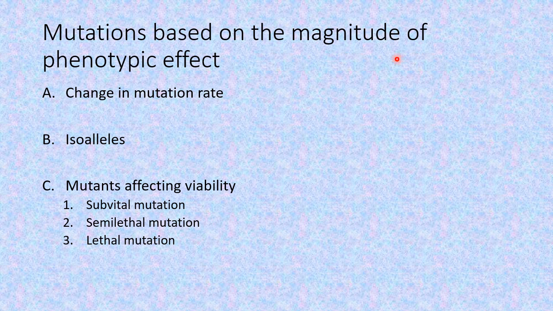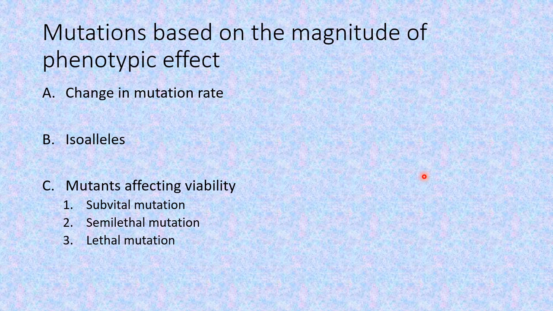Now, based on the magnitude of the phenotypic effect that is produced by a certain type of mutation, these are the three types. By mutation rate, we mean with what frequency the alteration in the nucleotide sequence takes place.